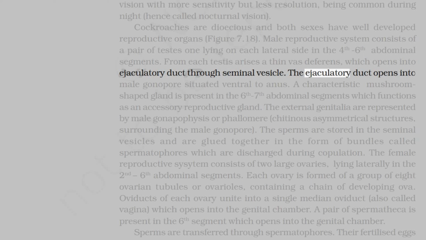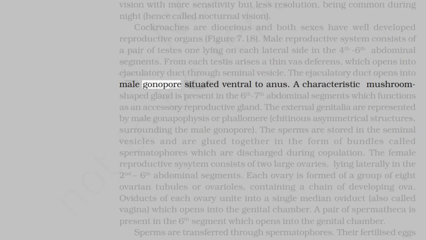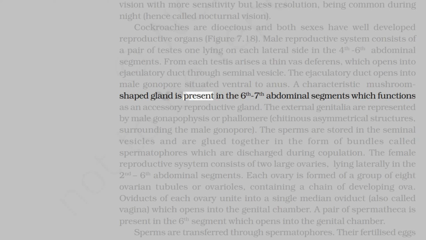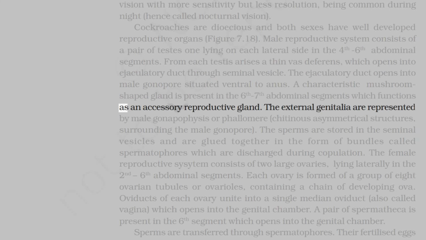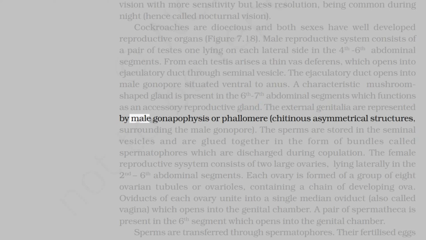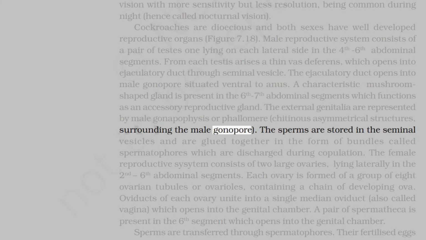The ejaculatory duct opens into male gonopore situated ventral to anus. A characteristic mushroom-shaped gland is present in the 6th to 7th abdominal segments, which functions as an accessory reproductive gland. The external genitalia are represented by male gonapophysis or phallomere, chitinous asymmetrical structures surrounding the male gonopore.